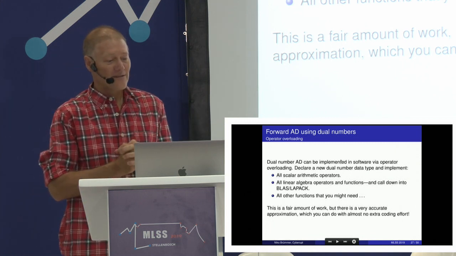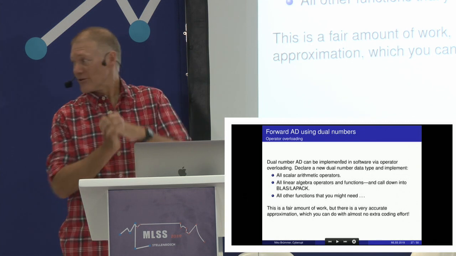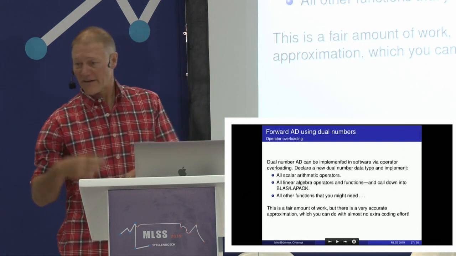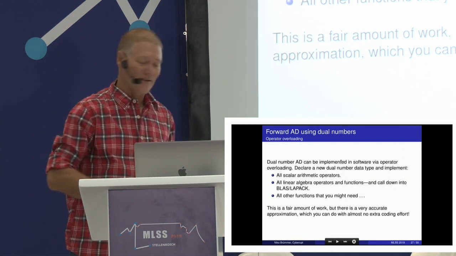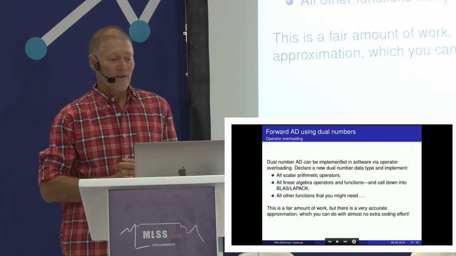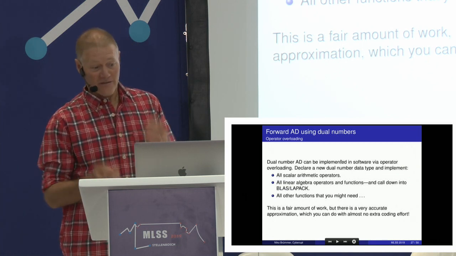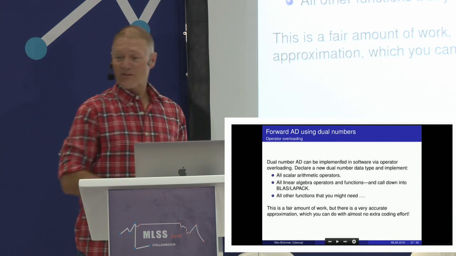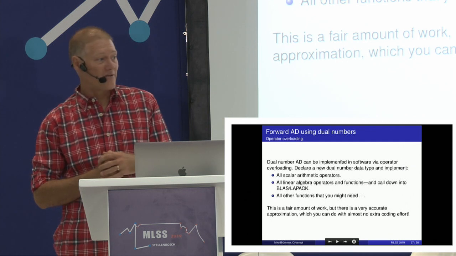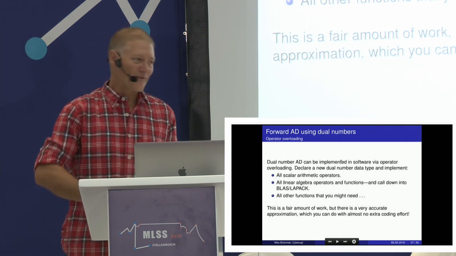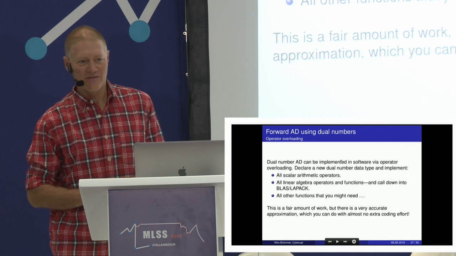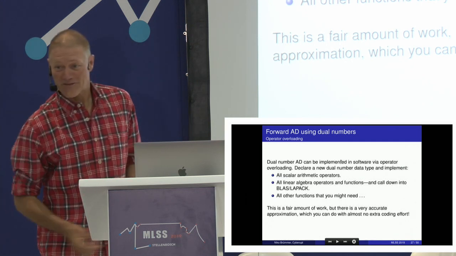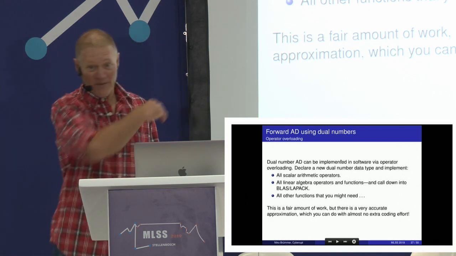I've done that. So you declare a new numeric data type, and then you need to re-implement all of the operators, plus and multiply and divide and so on. And then if you want things to be fast, then you need to re-implement all of the linear algebra stuff that you're going to be using in your code. For each of those things, matrix multiplication, solution of linear equations, Cholesky decompositions, all those things, you're going to have to re-implement for complex numbers.